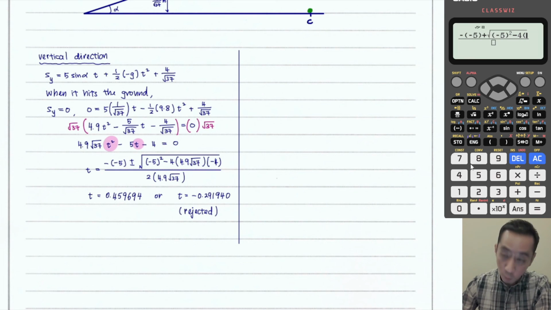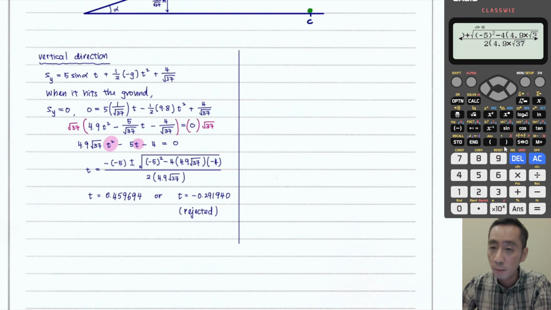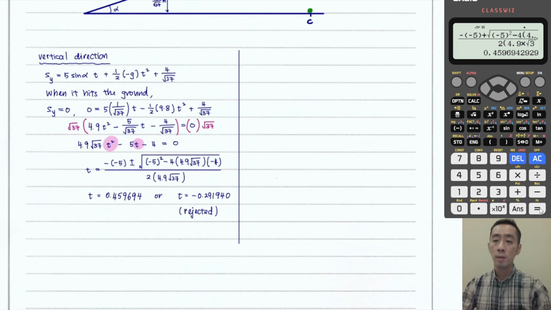A is 4.9 times square root of 37, and c is negative 4. Then divide by 2a, where a is 4.9 times square root of 37. So you can also use the quadratic formula. Let's see what you get. The answer is 0.459694. So it's the same.